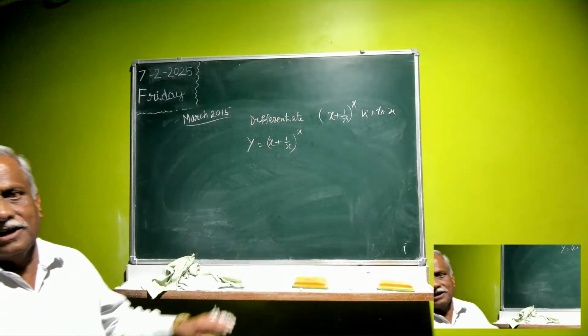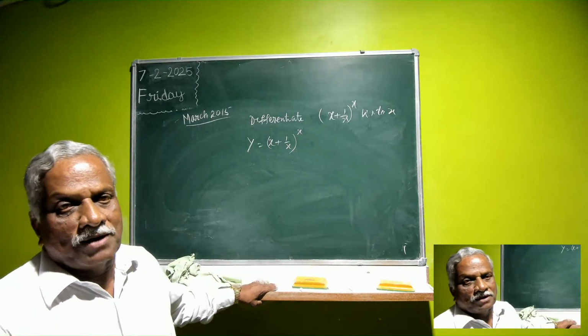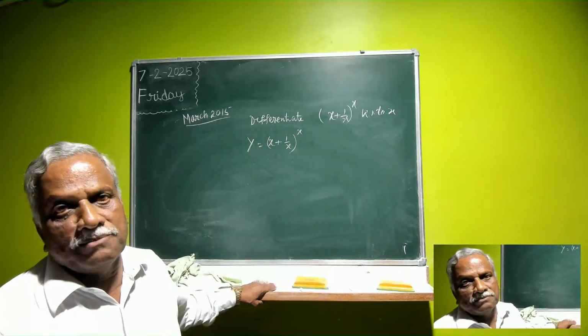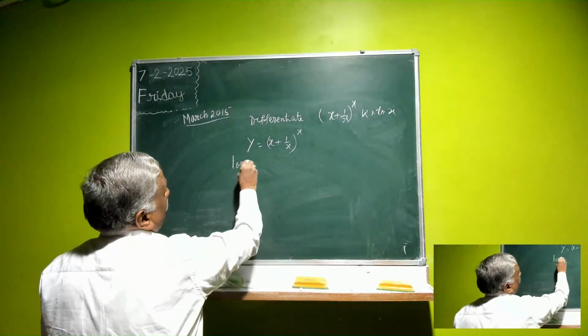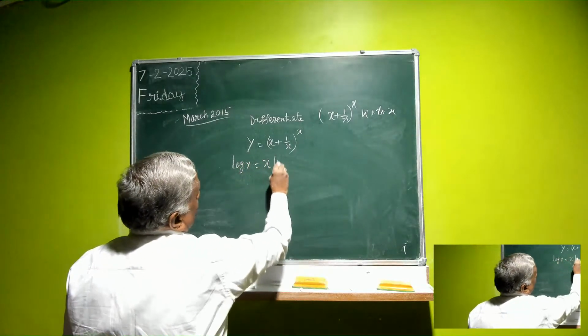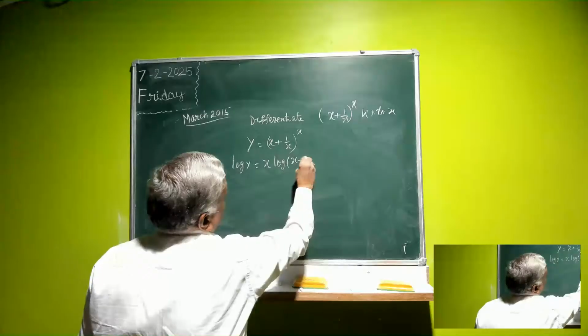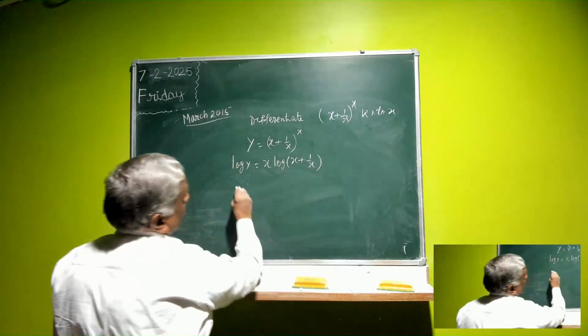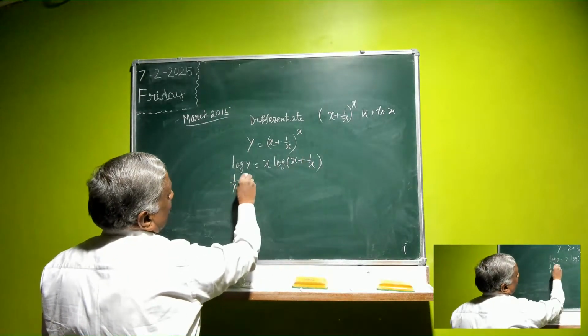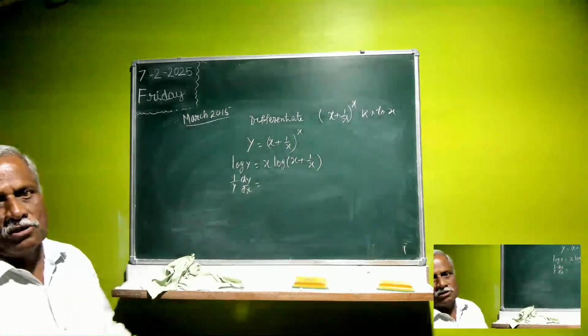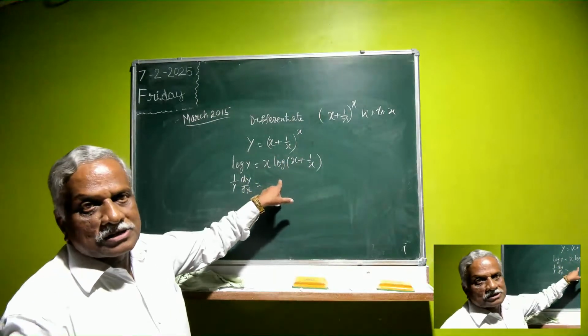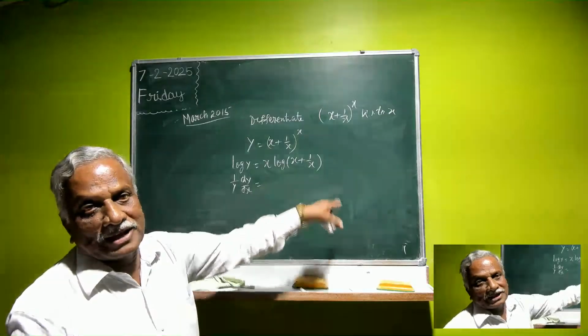The moment you see the power is also a function, the only method is taking log. So what do you get? Log y is equal to x log x plus 1 by x. This is 1 by y dy by dx. So realize you are going to use product rule and also chain rule because log of something is there.